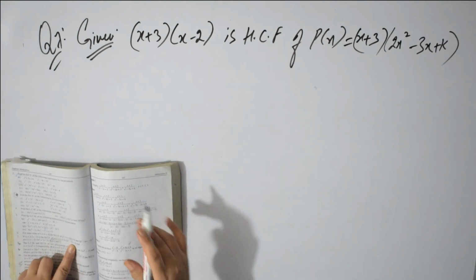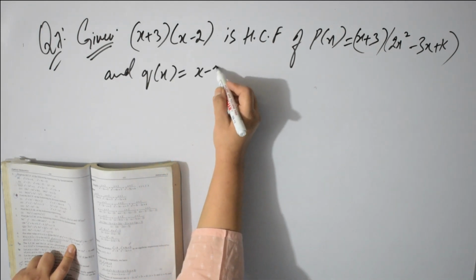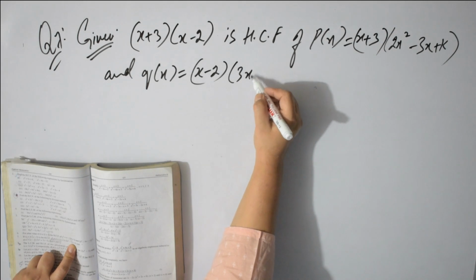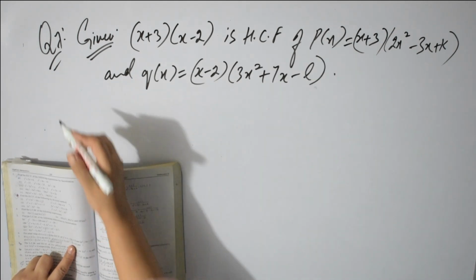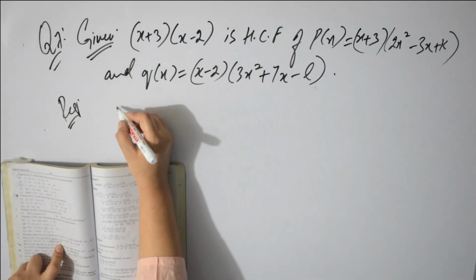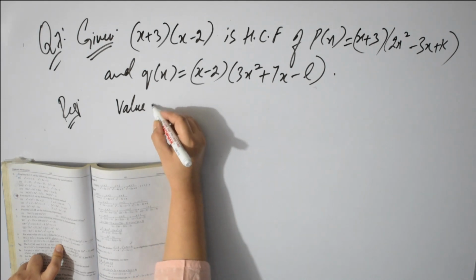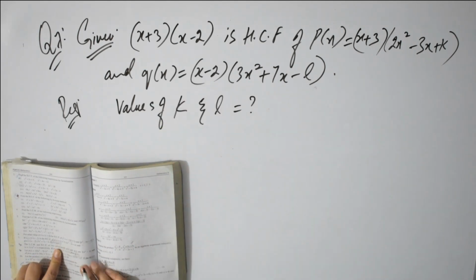This is p of x. And what is q of x? It is x minus 2 into 3x square plus 7x minus l. This is given, and what is required? Required is to find the values of k and l.